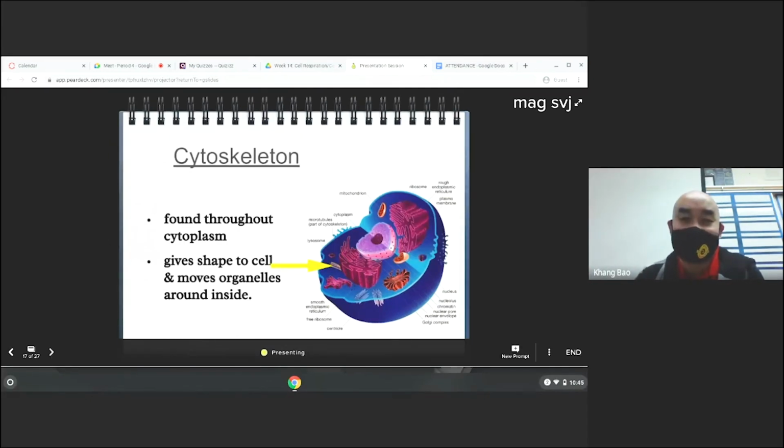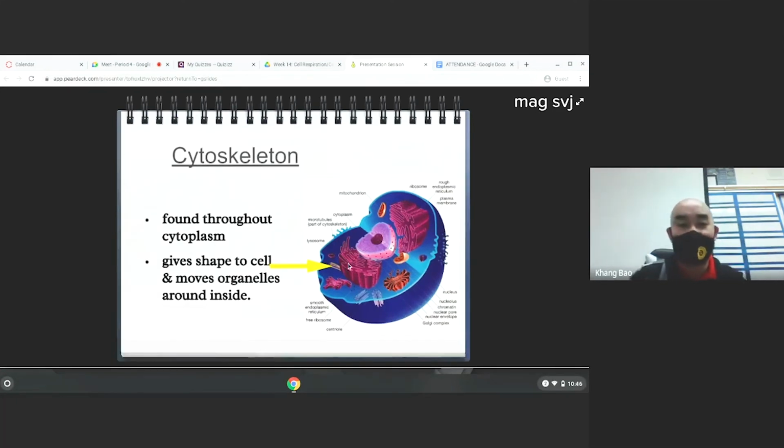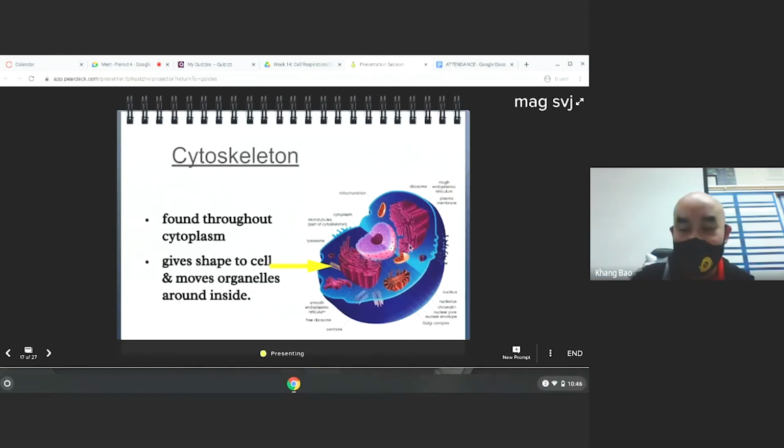The next thing is the cytoskeleton. You gotta remember the root word. Cyto means cell. Skeleton is just a skeleton, all right? Well, your cell, individual cell also has a skeleton. It's called the cytoskeleton. Its job is to give the cell support. Without the skeleton, it will just crumble. But with the skeleton, it allows the cell to stay inflated pretty much.